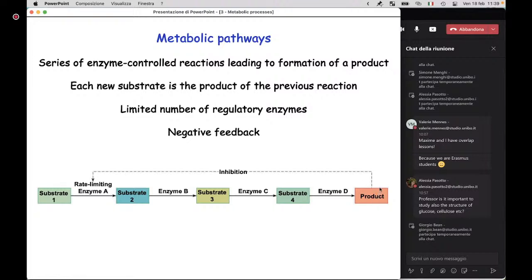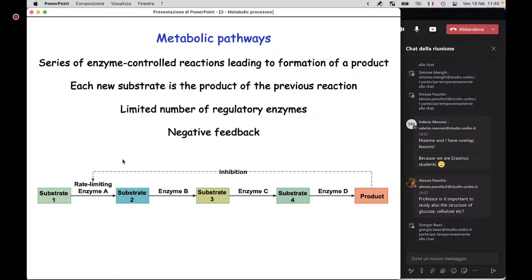The product, in turn, will accumulate because it is continually produced by all those enzymes. But when a high amount of product is obtained, some of this product will manage to bind to enzyme A, and enzyme A will stop working. So we will break the chain and we will not produce this product anymore.